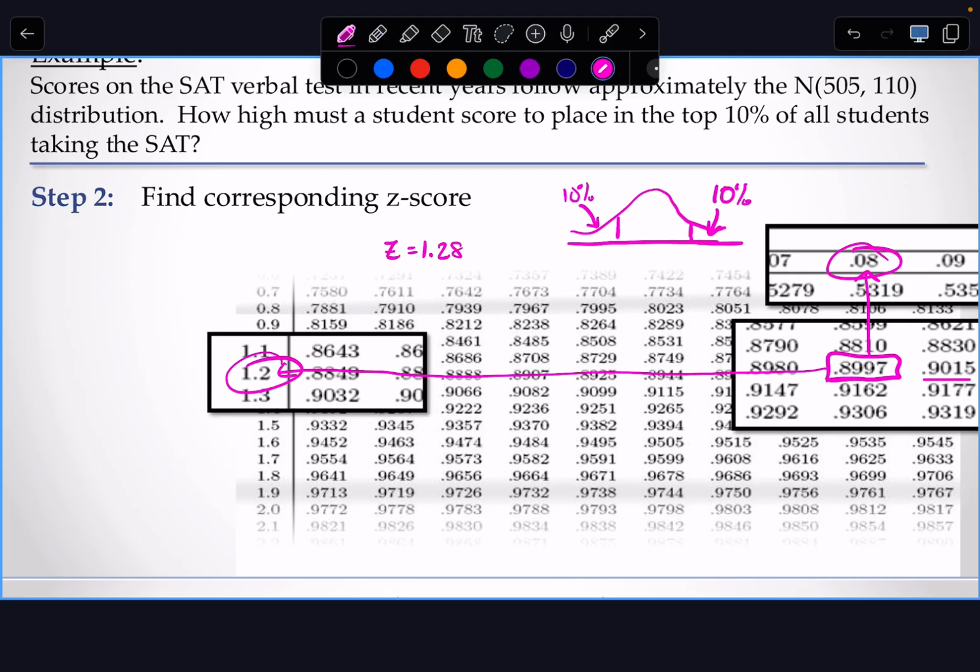So if I just want to take the percentage they give me and look it up on the table directly, if I were to look up 10% on the table, everybody look for 10% on your table real quick. You're looking for 0.1000. This one's less than 50%, so it's got to be on the negative side.